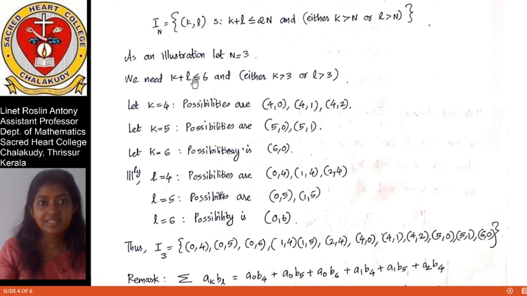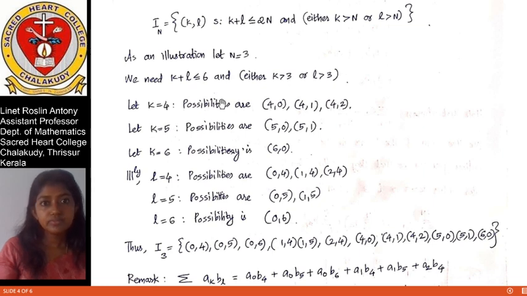So k plus l is less than or equal to 6, and either k is strictly greater than 3 or l is strictly greater than 3. First we take the condition k is strictly greater than 3. So the first value we can take is 4.